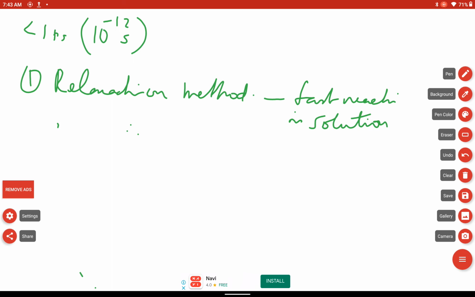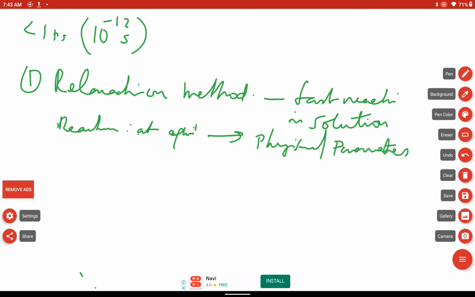In this method, the reaction system is in equilibrium, and it is exposed to some changes in physical parameters, such as pressure or temperature.